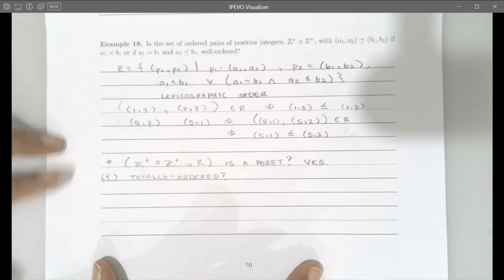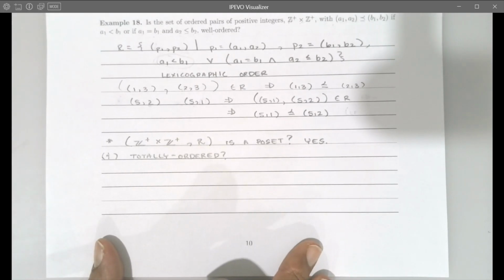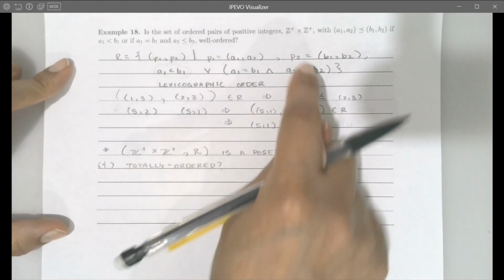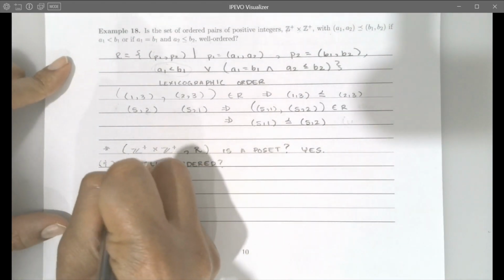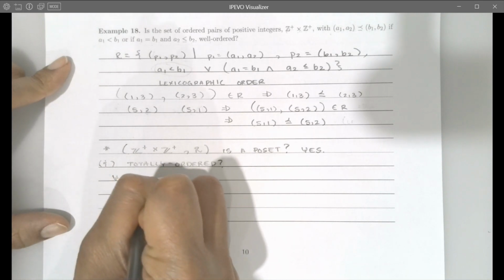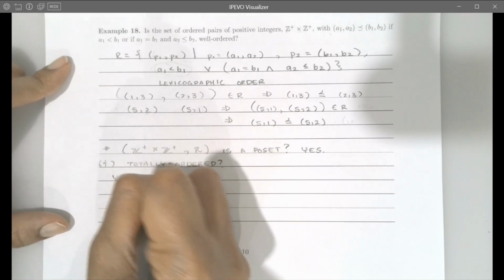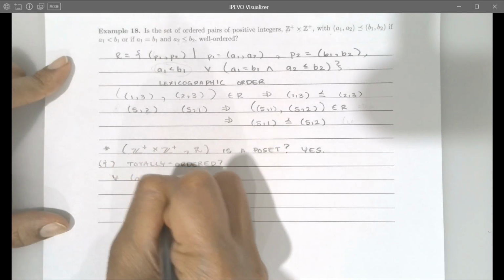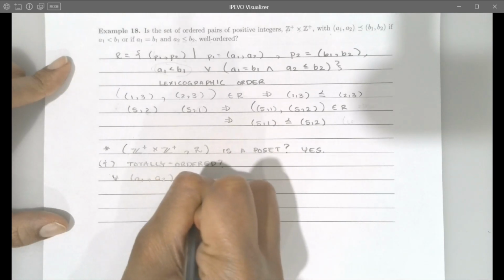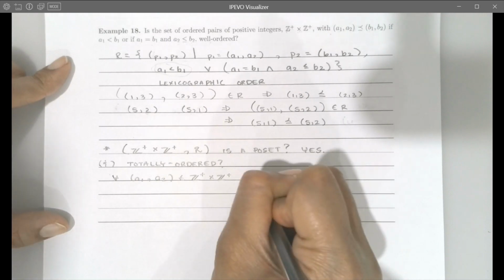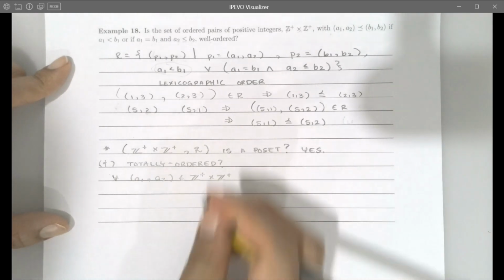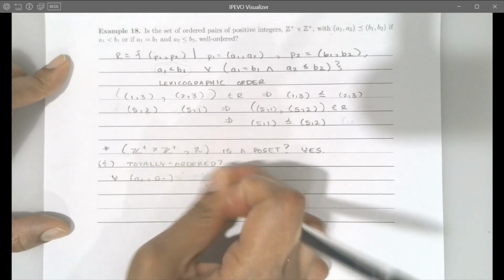Okay, and that we'll go through together. So let's just take any two ordered pairs that are part of this set. For any ordered pair, let's say A1, comma A2, that is in Z plus cross Z plus, and in fact, let me just write them both here.